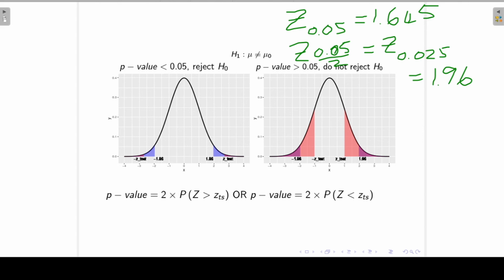The reason for that is because we are working with a two-sided alternative, then this blue area here is 0.025. This area here is 0.025. If we add them up, then that should give us the 0.05. So because we are working two-sided, we take the area to the left and to the right, and they have to add up to 0.05.